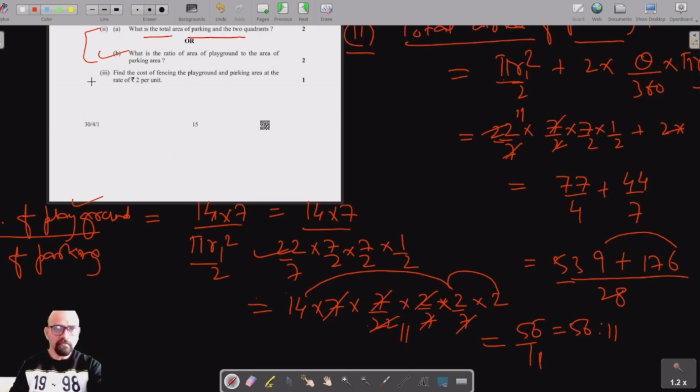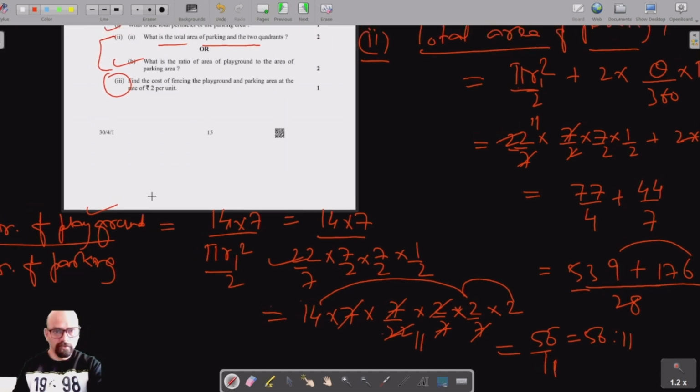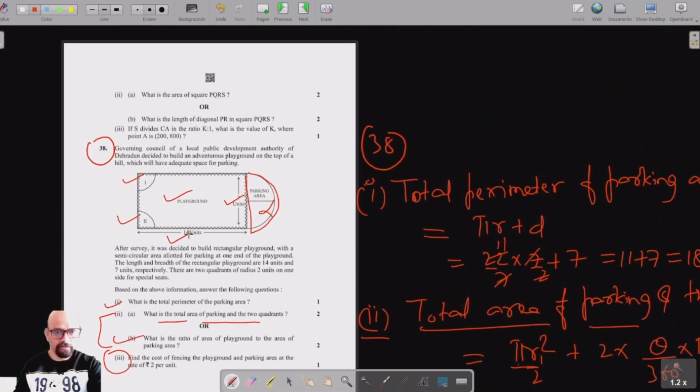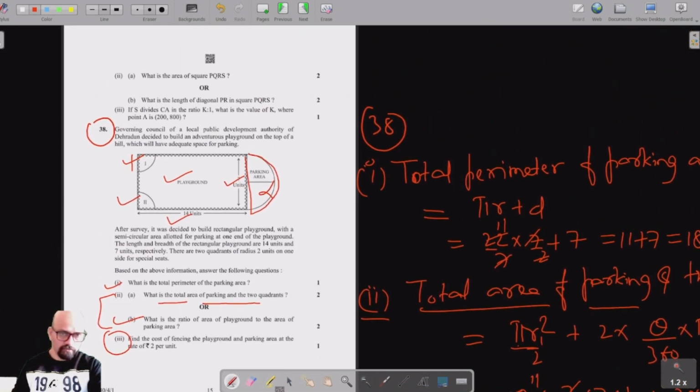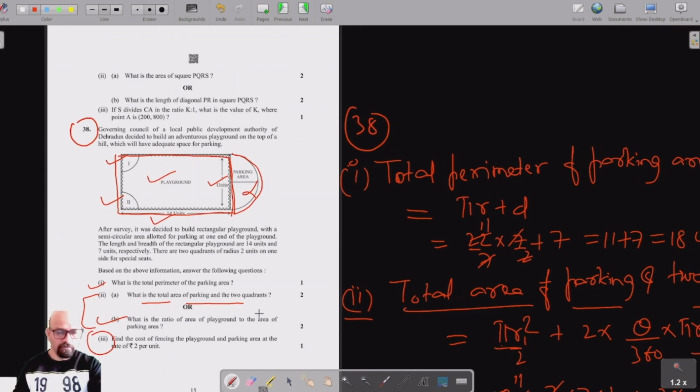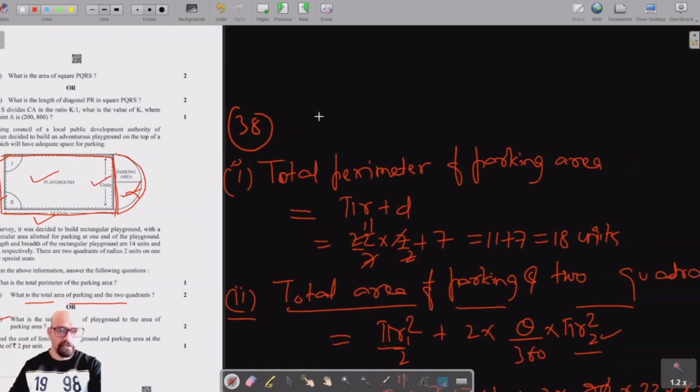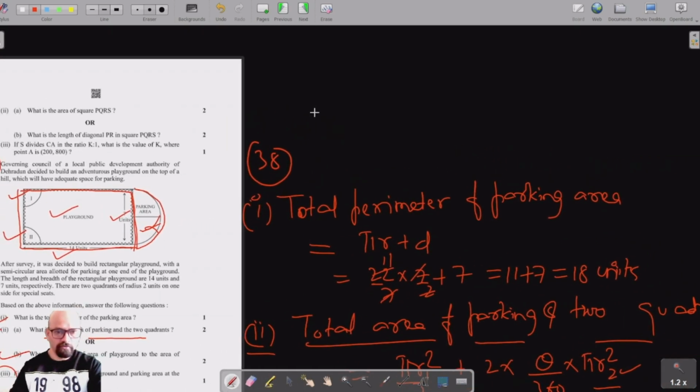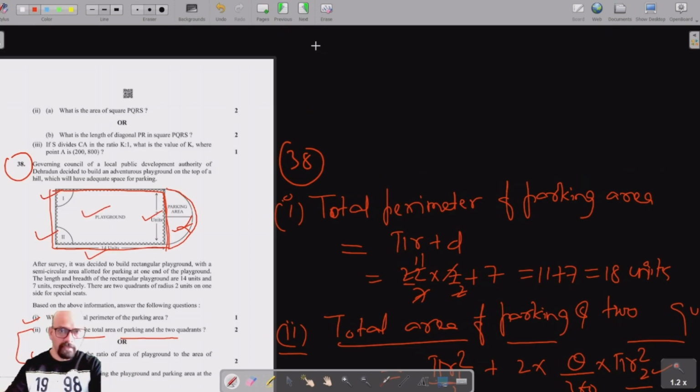Now, for question number three, it's given that we have to find the cost of fencing the playground. So that means the total playground has to be fenced. This is the playground and the parking area. So we have to find the cost of fencing the playground, and for that we have to find this length, which is the perimeter.